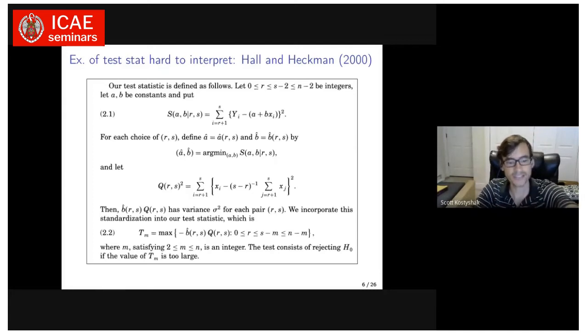The actual test statistic, this Tm here, is not the primary object of interest. It's just an intermediary to get a p-value. That's what I mean by test statistics being difficult to interpret in the current tests of monotonicity. The point of this slide is not for you to parse it. If you do understand it, that actually goes against my point.